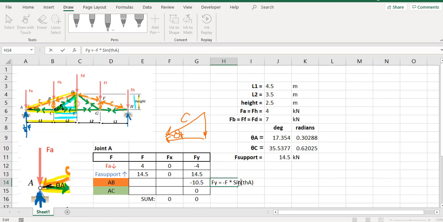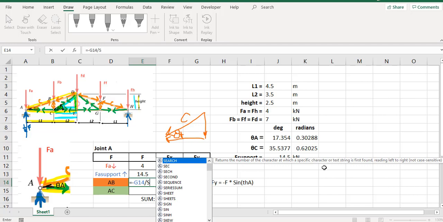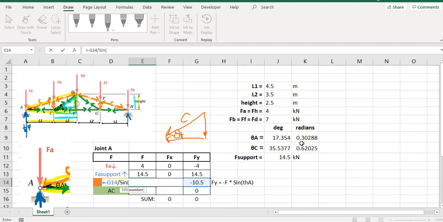Yeah, write out equations so you can think through what you're doing here and make sure you have sine versus cosine. So then our force would be equal to negative Fy divided by sine of theta A. So I'll grab that theta right out of our table here.